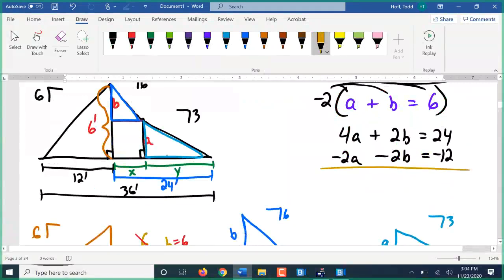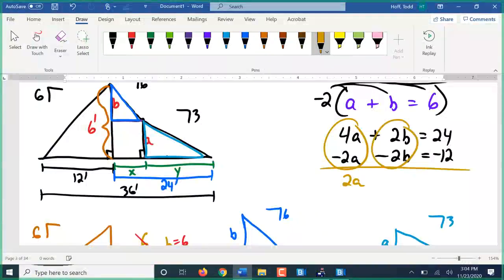So now I can do my addition. 4a plus negative 2a is 2a. 2b and negative 2b is 0b, cancels out. 24 plus negative 12 is 12. We can divide by 2, solve for a here. Get that a equals 6.